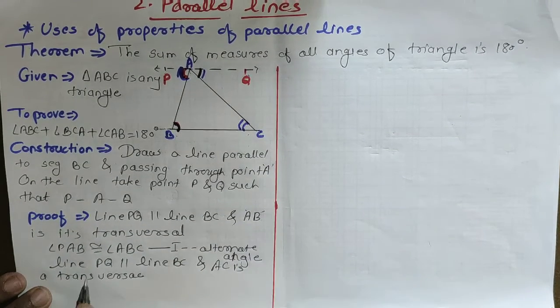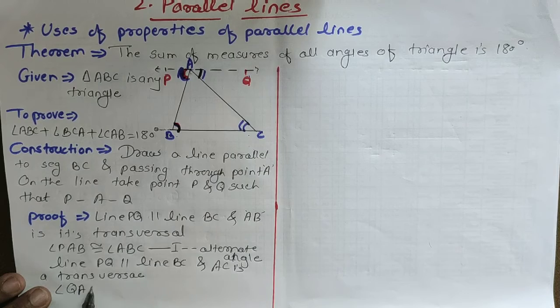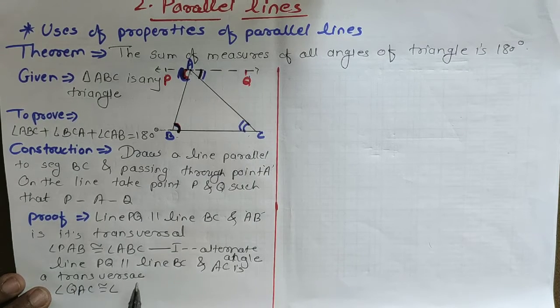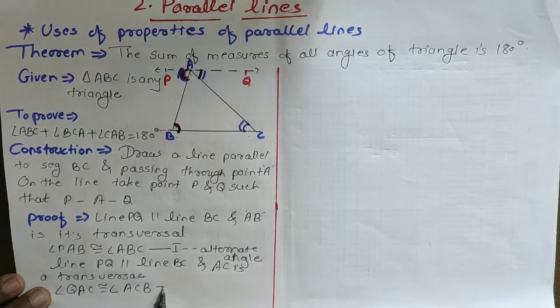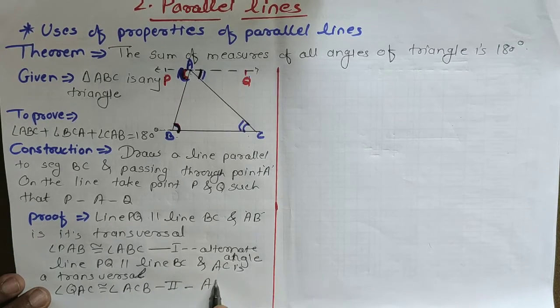So here write angle QAC is congruent to angle ACB. This is our second statement, and the reason is the same, alternate angles.